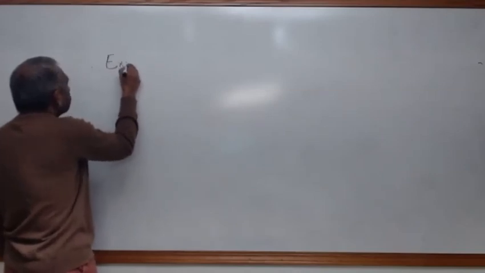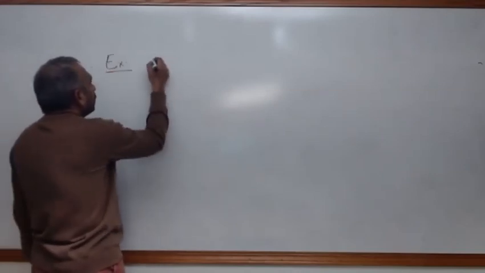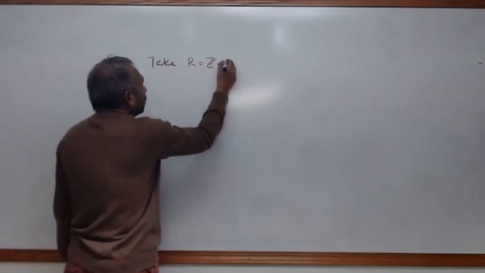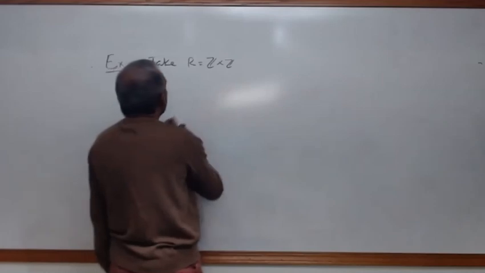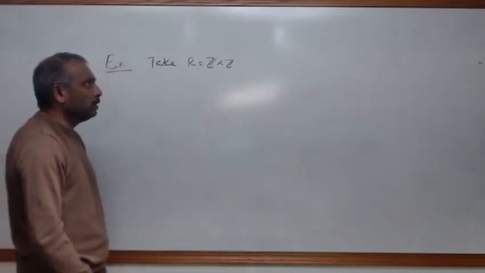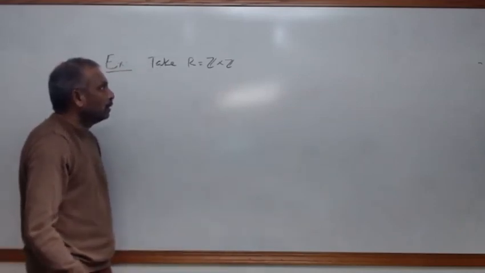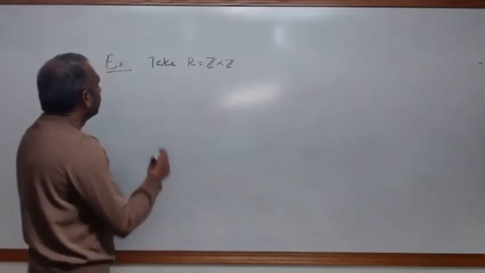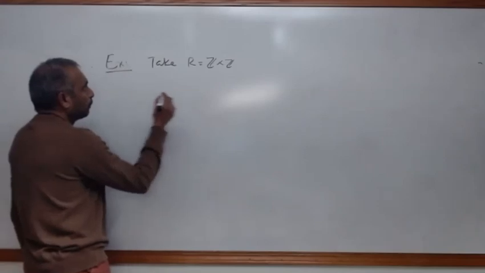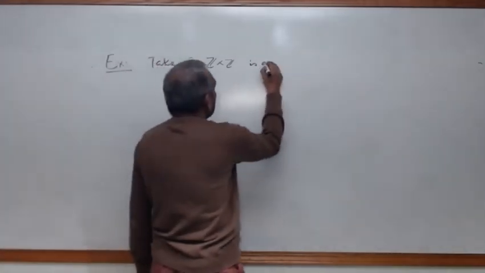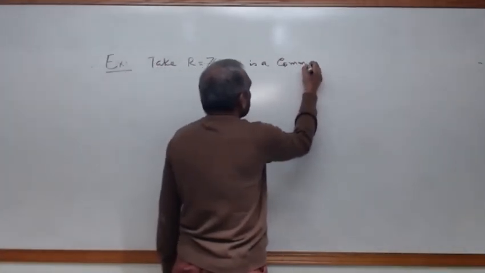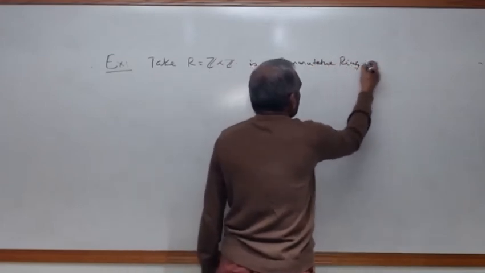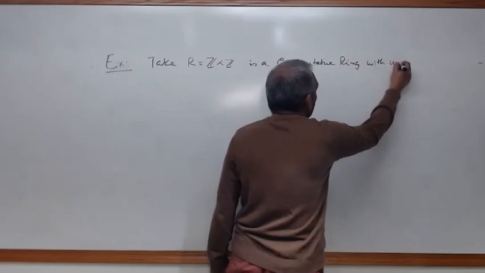Example. Take R is equal to Z cross Z. This is a commutative ring with unity.